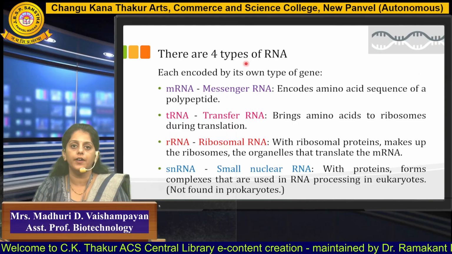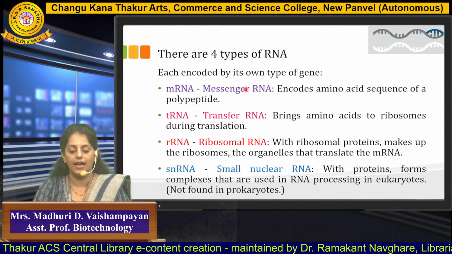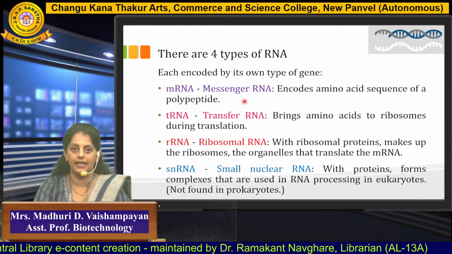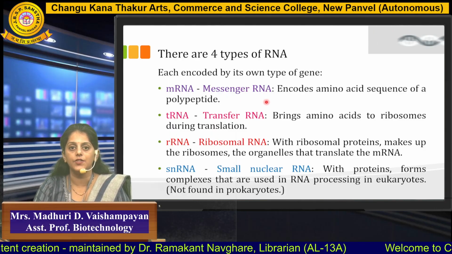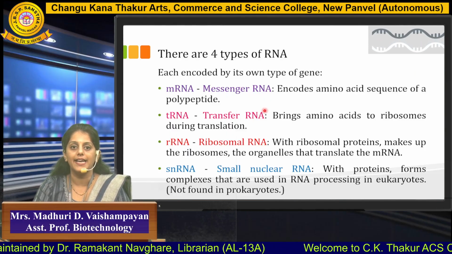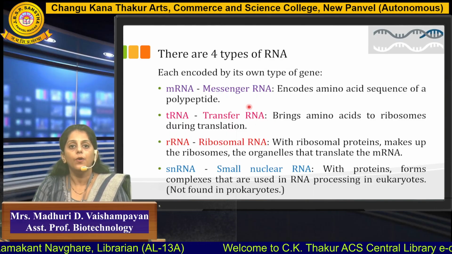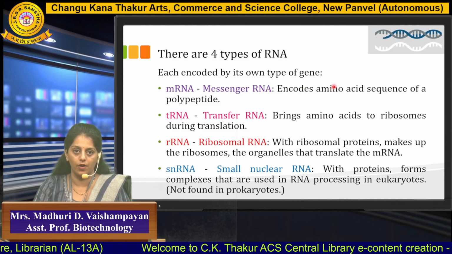There are 4 different types of RNA molecules which are available: mRNA, tRNA, rRNA and snRNA. mRNA is your messenger RNA. tRNA is your transfer RNA. rRNA is the ribosomal RNA and snRNA is your small nucleolar RNA. Now, mRNA will encode the amino acid sequence of your polypeptide.